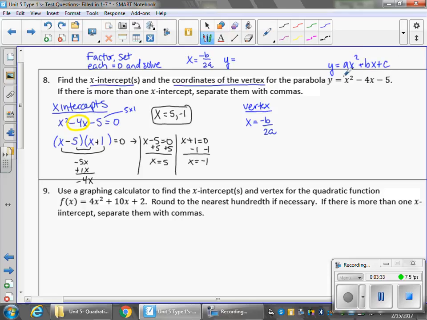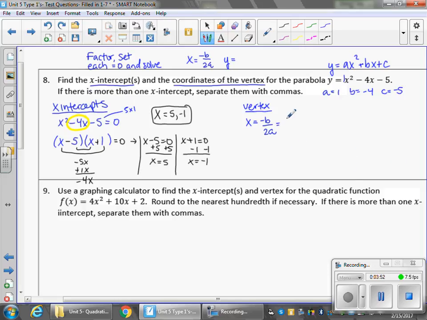So notice a is the number in front of x squared, so there's a 1 right there, b and c, and we can actually write that down. A equals 1, b equals negative 4, and c equals negative 5. You'll remember that from number 7 because you needed to know that to do quadratic formula correctly.